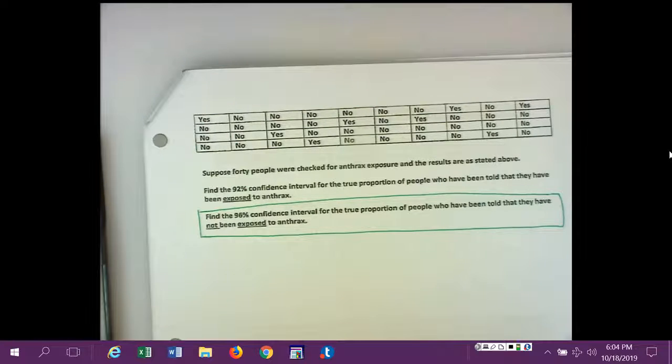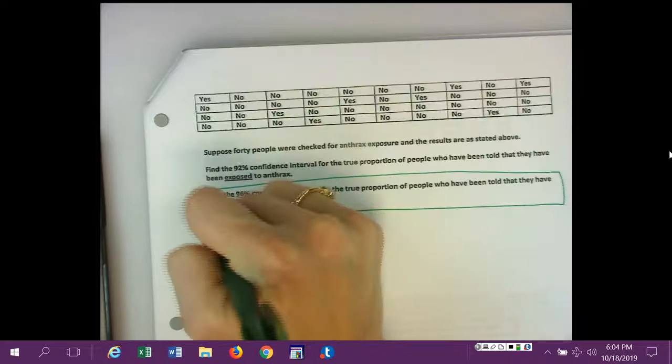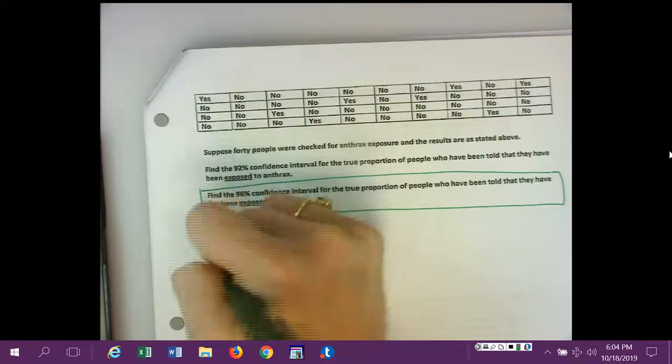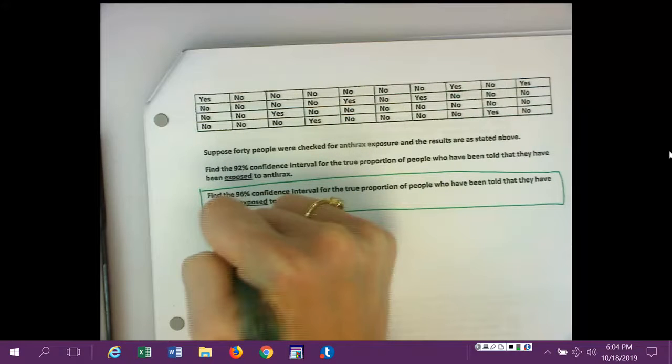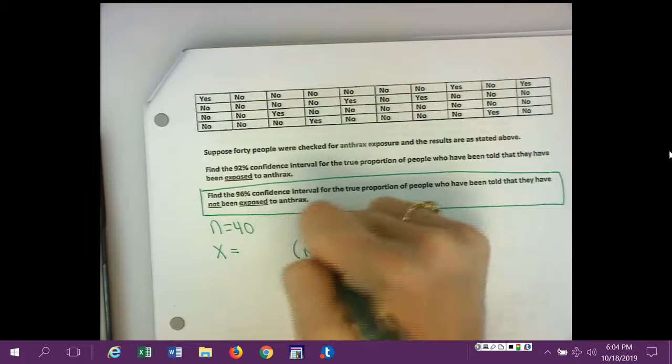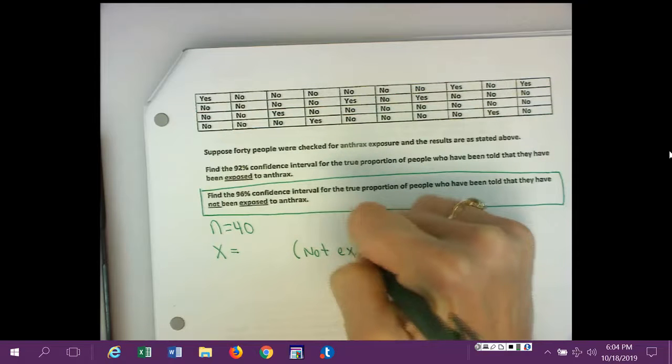So here we go. We're doing this problem, 96% confidence interval for the true proportion of people who have been told that they have not been exposed to anthrax. Well, we know N is 40. X is equal to, and in parentheses, I'm going to put not exposed. That means I have to count up the number of no's that I see above.